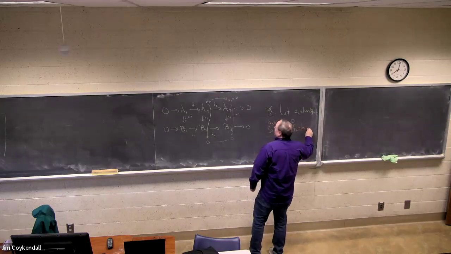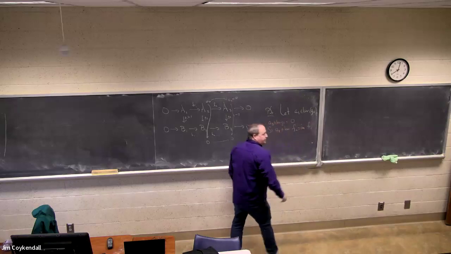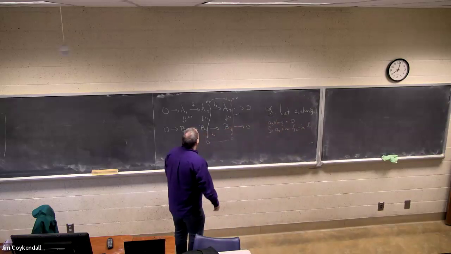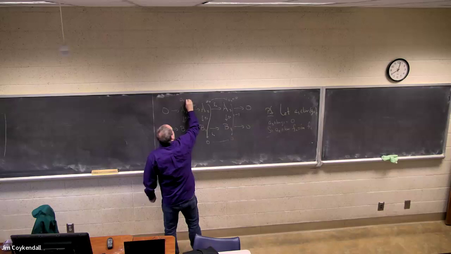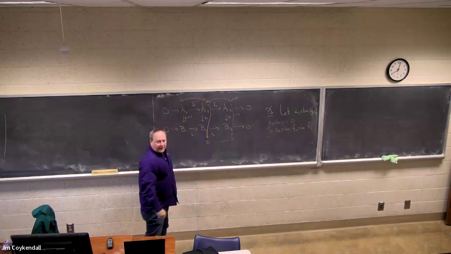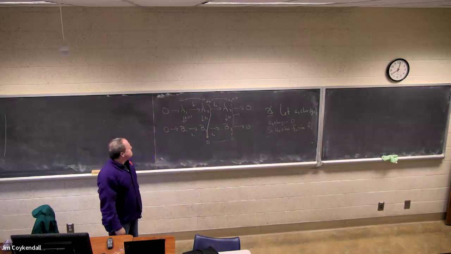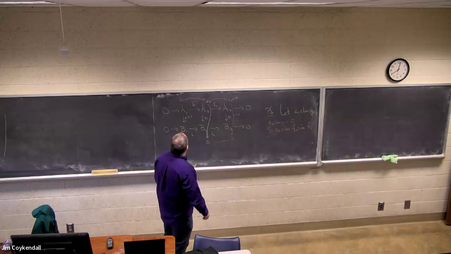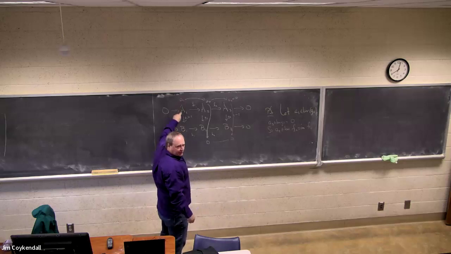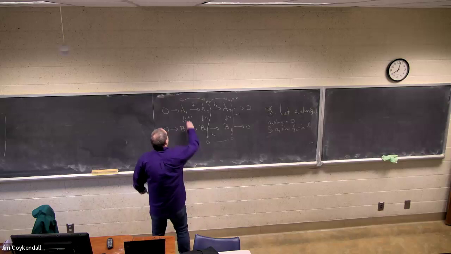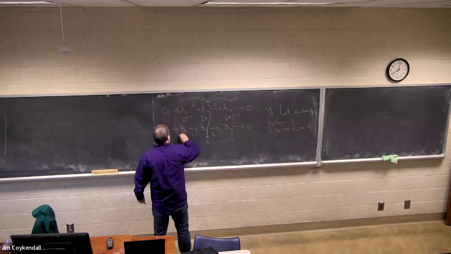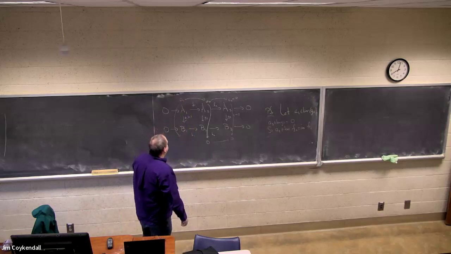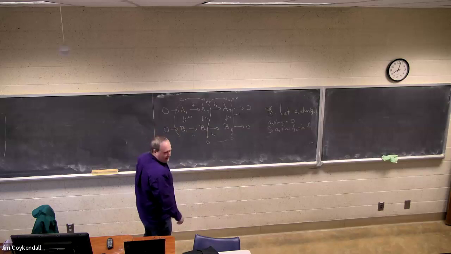This is the image of F1. So I don't know much, but I know that there's some A1 over here that goes to A2. Well, of course, I want to show that A2 is 0. I don't have that going for me yet. But let's chase this around the other block. All right. Where does this go? I don't know.